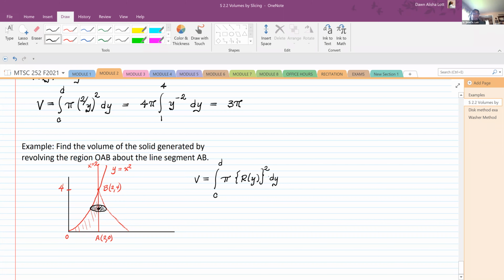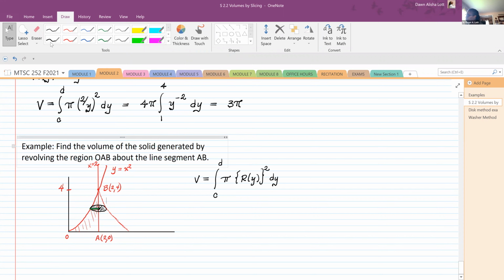Okay, so I need to find the radius of this thing. So here's my radius. I made it red, I can make it green. There's my radius. Okay, so now I just need to know how long that is.